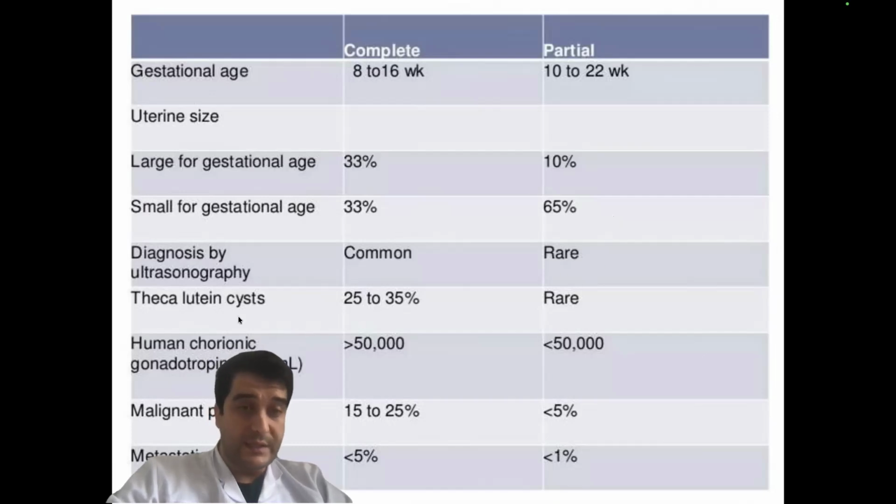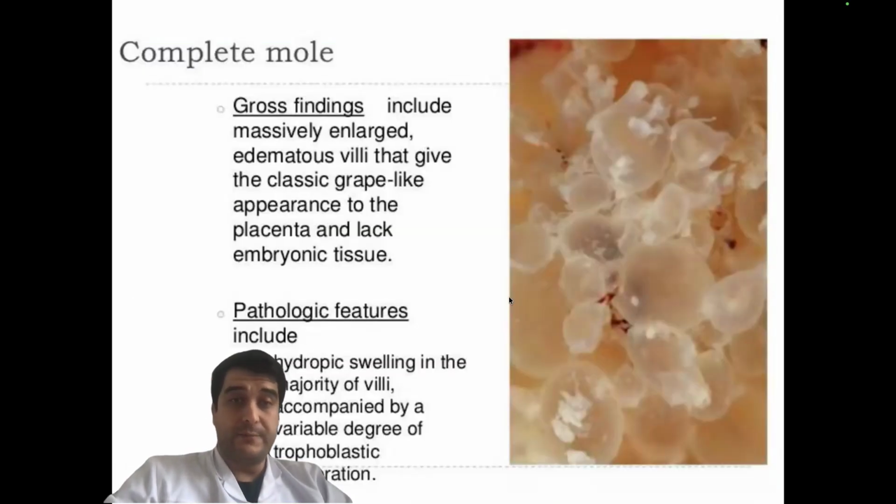Lutein cysts are at 35% in complete, rare in partial. Human chorionic gonadotropin is more than 50,000 in complete and less than 5,000 in partial. Malignant potential is more than 25% in complete and less than 5% in partial. Metastatic disease is less than 5% in complete and less than 1% in partial.